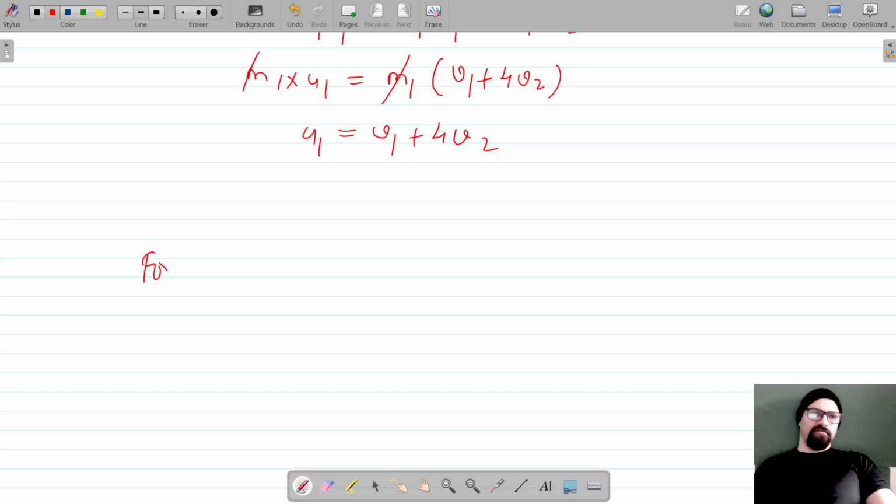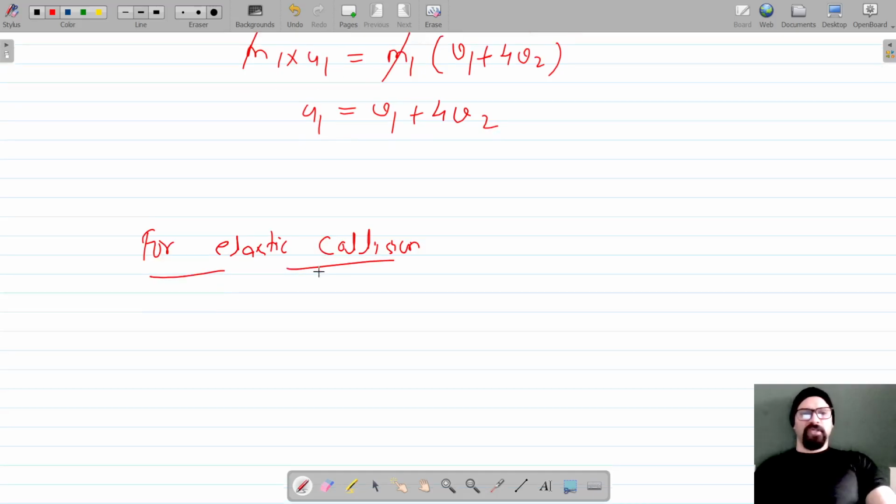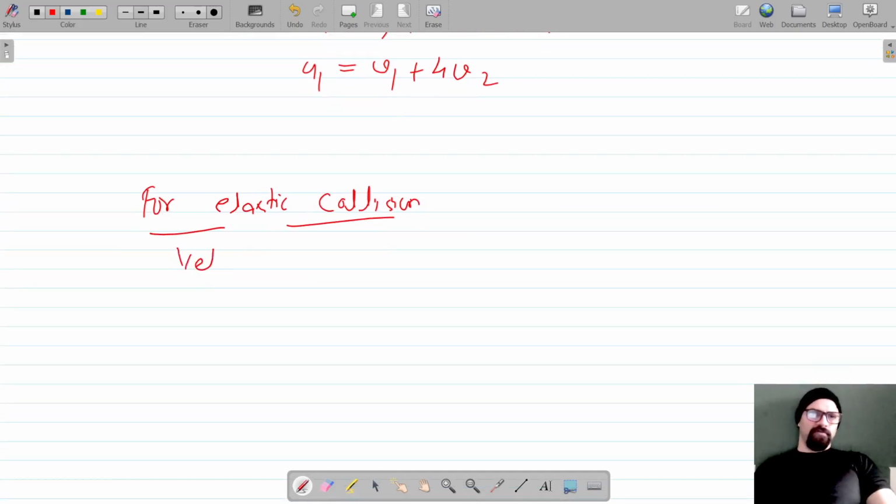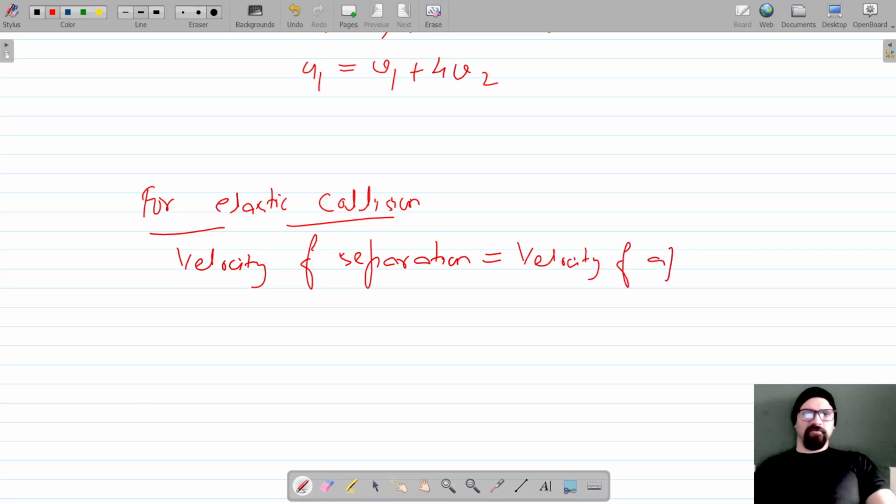Also, for an elastic collision, we know that the coefficient of restitution is equal to 1. So for an elastic collision, velocity of separation is equal to velocity of approach. Velocity of separation is given by v2 minus v1, and velocity of approach is u1 minus u2.